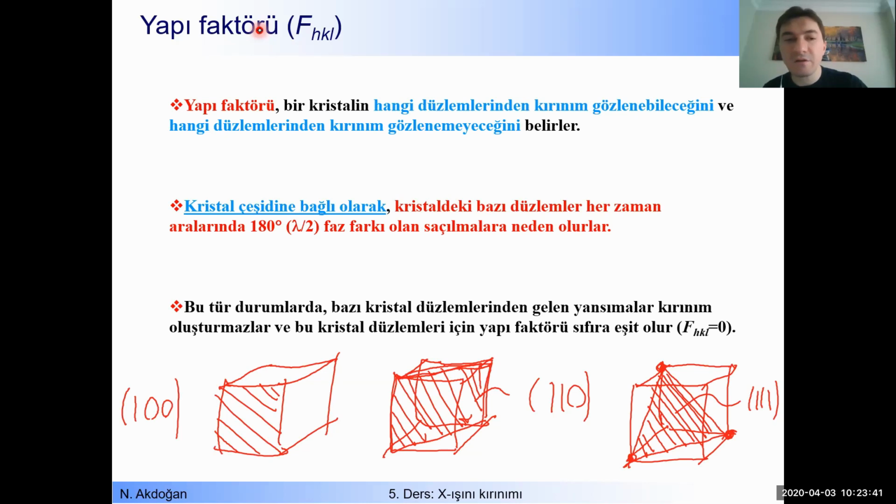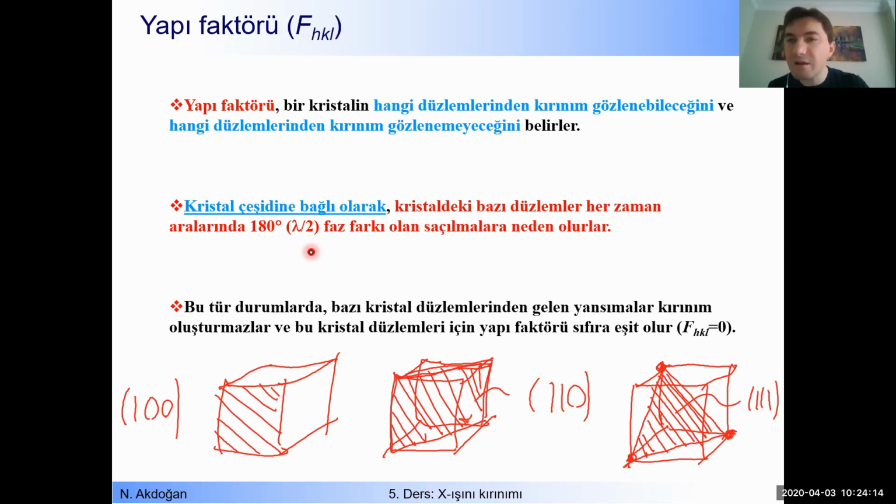So sometimes, depending on the crystal type, cubic, FCC cubic, BCC cubic, or hexagonal, okay? Depending on the crystal structure, some planes within the crystal always give lambda half phase difference. So what is the meaning of lambda half phase difference? Lambda half phase difference produces a destructive interference.